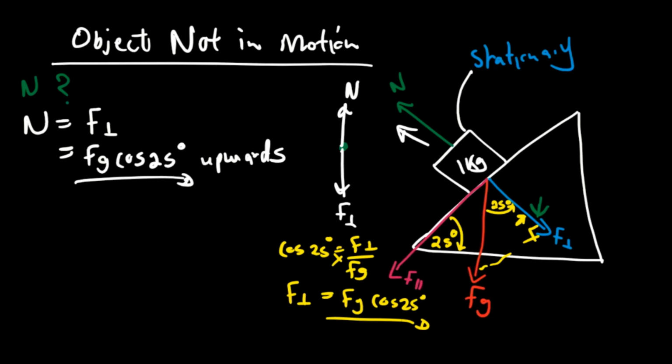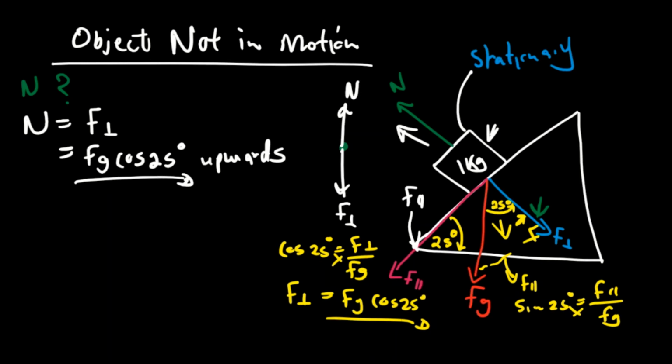So now let's find the forces that are acting on this object here. The only force that has an impact on this object is the force parallel. So how do you find the force parallel? It is this one here. If you have the 25 degrees facing this direction, it means it's sine. So you're going to say sine of 25 degrees is equal to the opposite side, which is the force parallel, divided by the force of gravity.